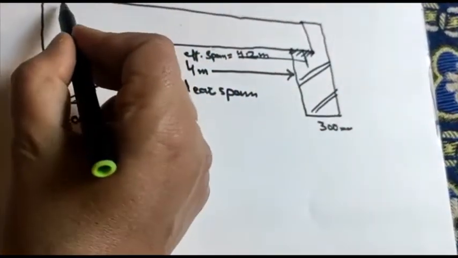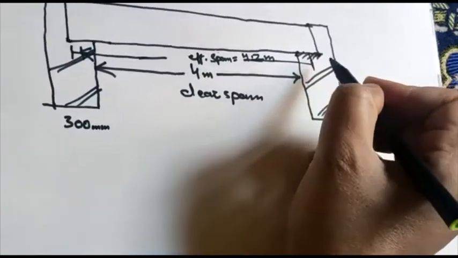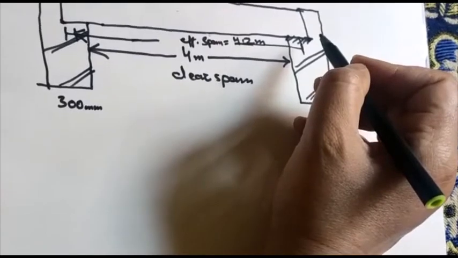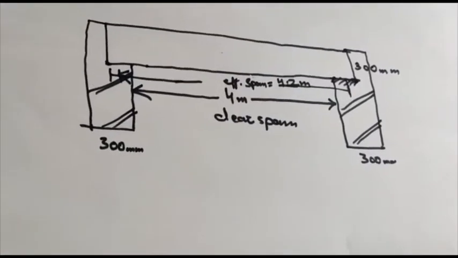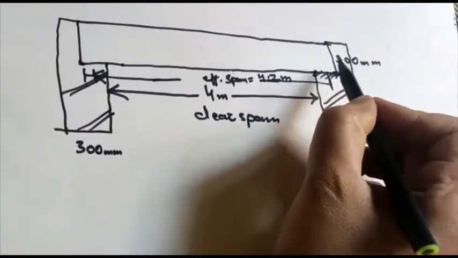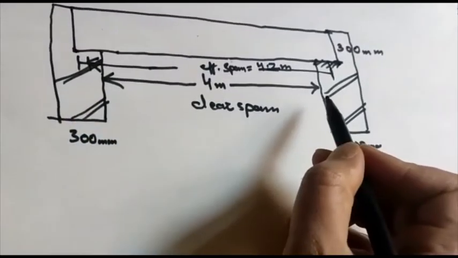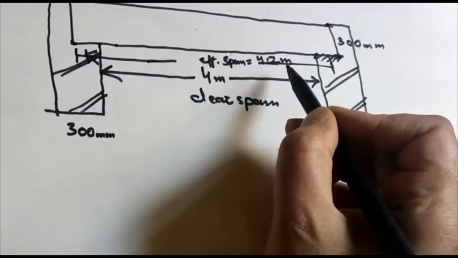Now we are going to draw the reinforcement. This is depth of beam, 300 mm, and clear span is 4 meter, and effective span is 4.2 meter.